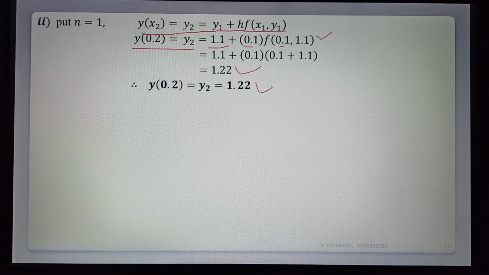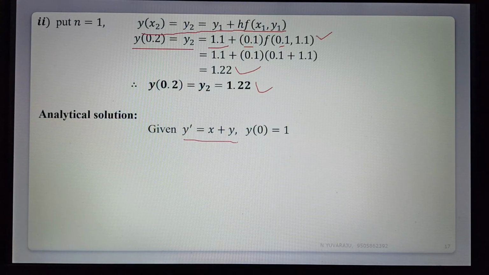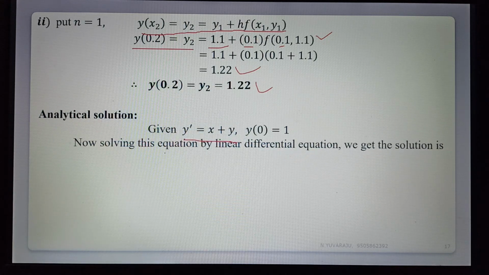So we have to find the exact value by solving the given differential equation by the analytical method. So analytical solution. y dash is equal to x plus y. This is solved by the linear differential equation method, dy by dx plus Py is equal to Q. Solving it, the solution we get is y of x is equal to minus x minus 1 plus c into e power x.